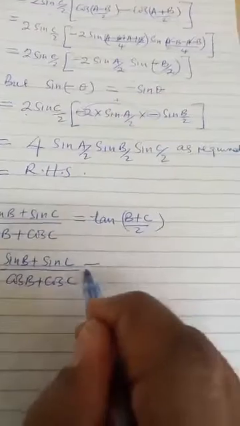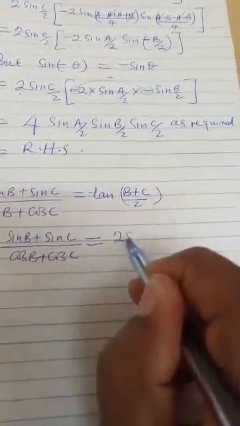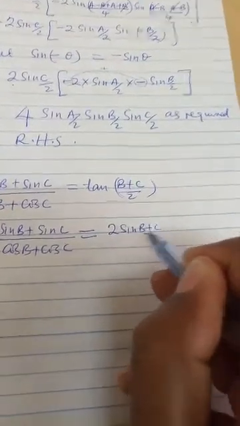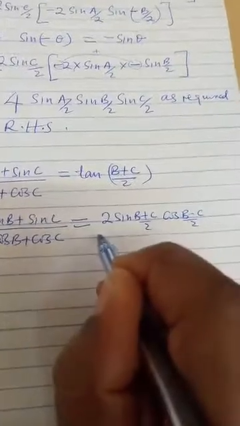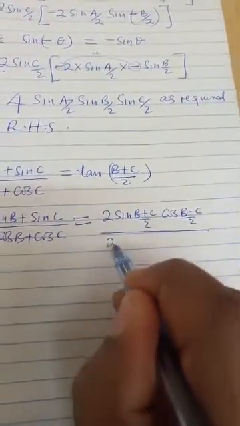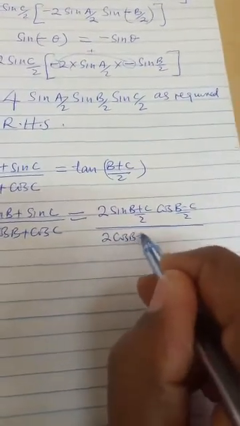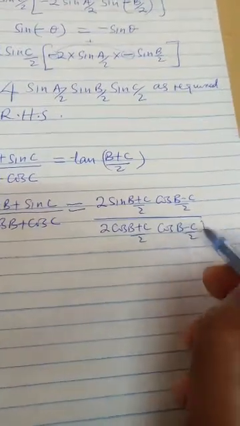If we apply the factor formula, sine plus sine is 2 sine cos. So I get 2 sine of (b plus c) over 2, cos of (b minus c) over 2, over cos plus cos is 2 cos cos, 2 the cos of (b plus c) over 2, the cos of (b minus c) over 2.